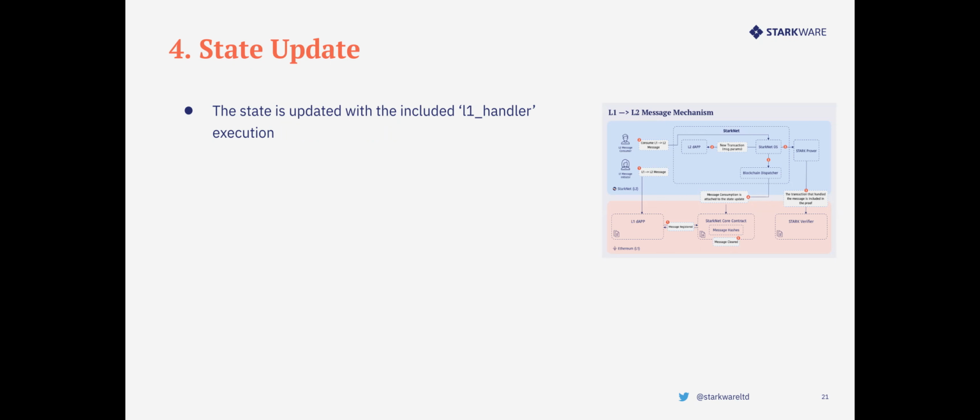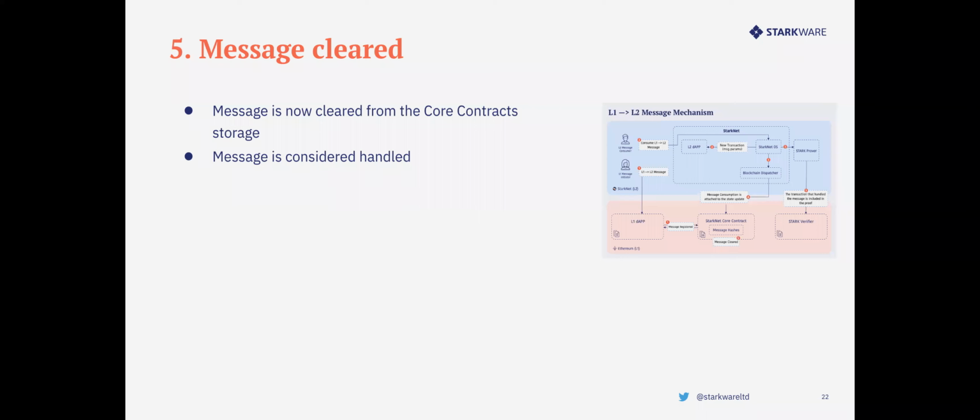And the proof is going to be verified by the prover. And once all of this happens and the proof is executed on L1, we can consider the message handled, and we decrement the counter that we initially set to 1 on L1.